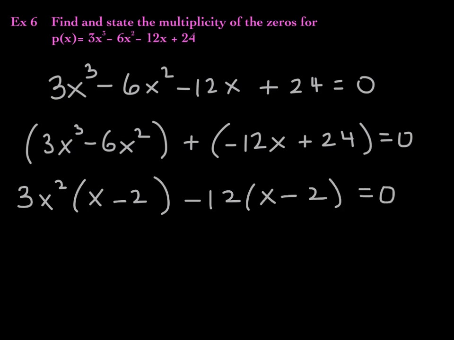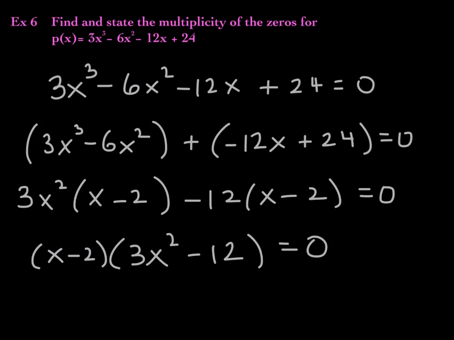The common binomial factor is x minus 2. And what remains is 3x squared minus 12 is equal to 0. You could set each factor equal to 0 right now or continue to factor. I'll continue to factor. The GCF here is 3, so I'm going to factor out the 3, leaving you with x squared minus 4 is equal to 0.